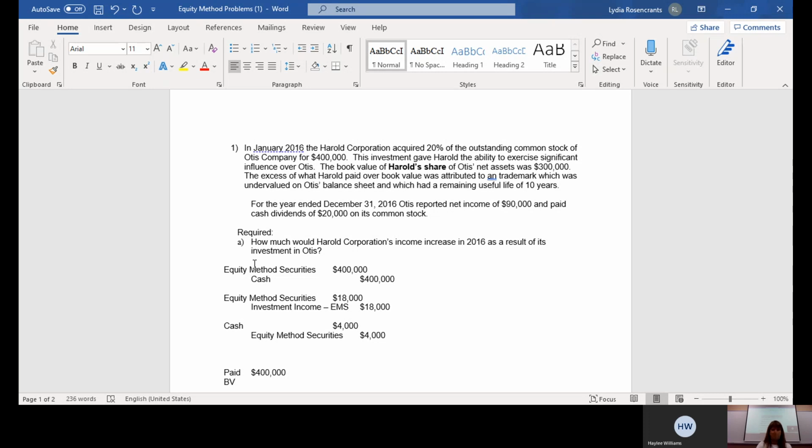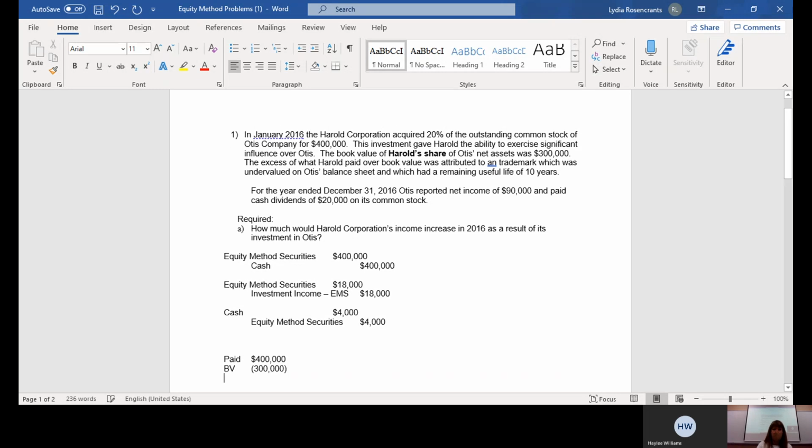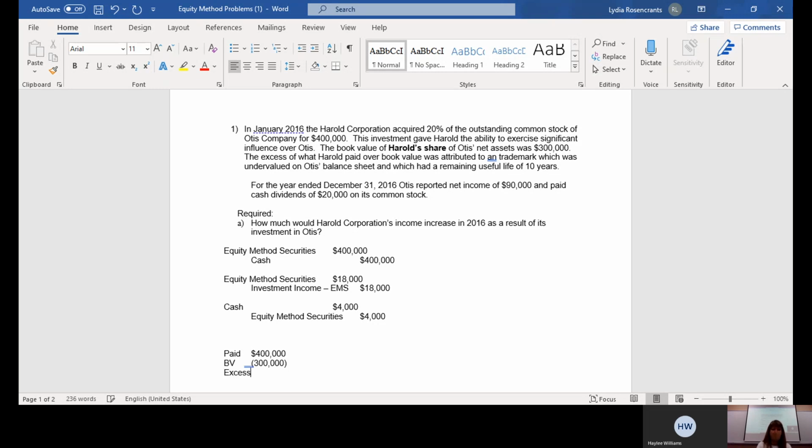So book value was 300,000. So the excess paid was 100,000, right? In this case, all 100,000 is attributable to a trademark that has a useful life of 10 years.